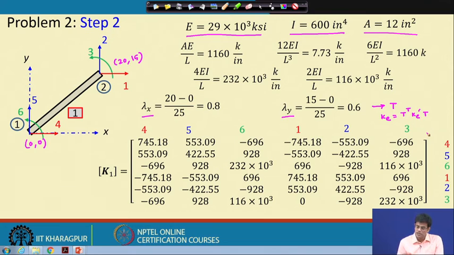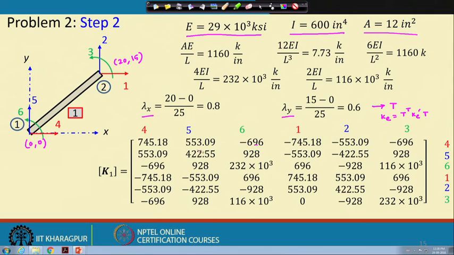So this is the only change, and if you look carefully, after transformation the matrix is not essentially the usual frame stiffness matrix, with these quantities, these things being 0 and all those things, because transformation happened. But the property of the matrix remains the same, it becomes symmetric, and this will be 696 I think.